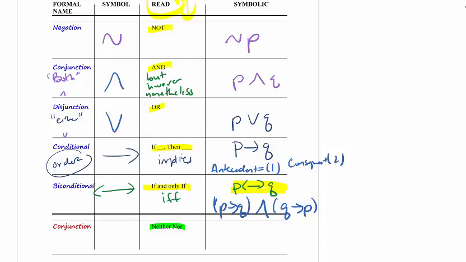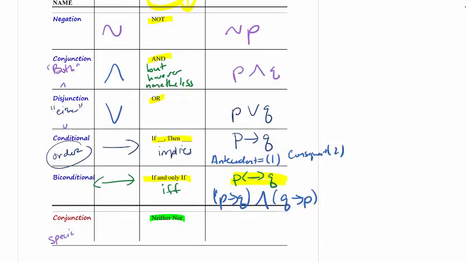Our last one on here is kind of what I call a special case, because this is going to come into play when they're asking you to read a statement and say what logical connective it is. And if you see the words neither nor, it actually includes more than one logical connective. But when you do it, you always do what you would do last.